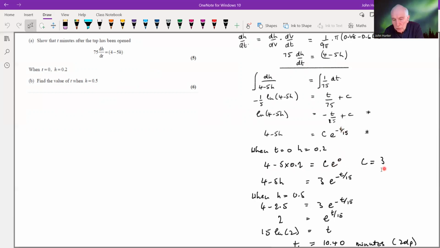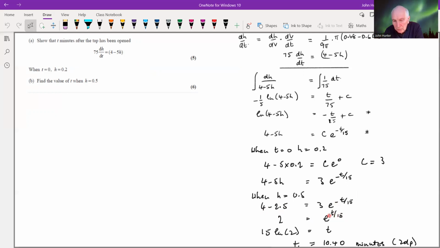And that's going to give us C equals 3. So our particular solution for this differential equation, given this boundary condition, is 4 minus 5h equals 3 times e to the power of minus t over 15. And then part B, the question is find the value of t when h equals 0.5. Well, we're simply going to substitute h equals 0.5 into that particular equation. And with a bit of subtraction and division, I'm going to reciprocate both sides of the equation.